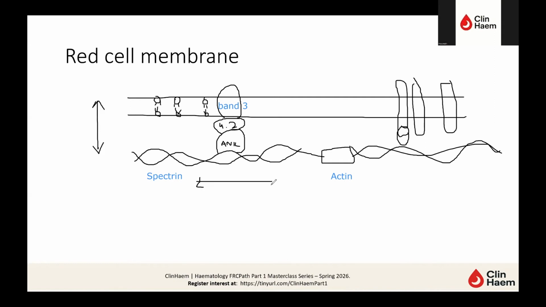So the red cell, if you remember, is something like a biconcave disc, right? It's biconcave because the volume is low, but the cell membrane is in excess. So the cell has got more membrane than its volume inside, and the reason is that using this, it can squeeze through narrow capillaries quite easily.